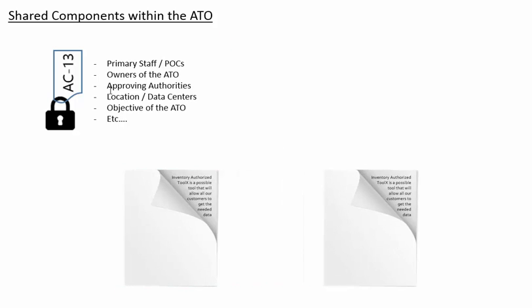So for example here, I'm going to draw out an example of a control. Let's say AC. Actually, I was going to do AC13, but let's not do that. Let's just do AC12. These are real control names, by the way, but kind of bogus in the way I'm sharing it here.